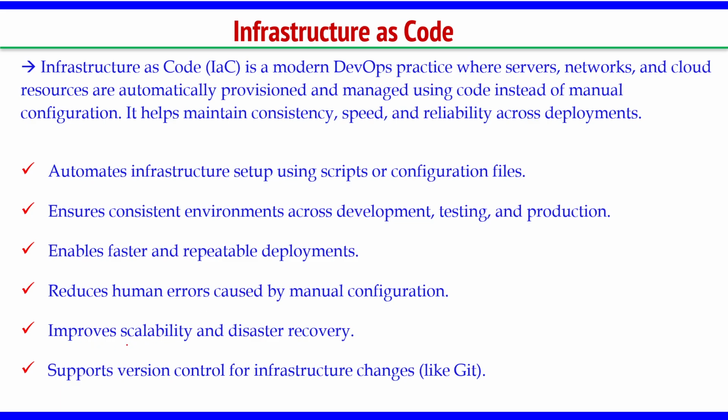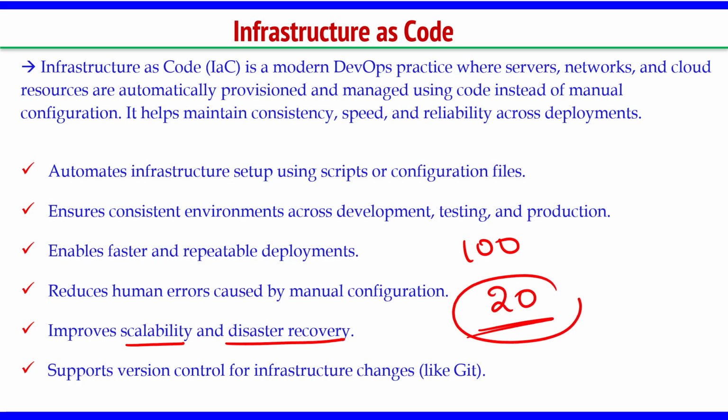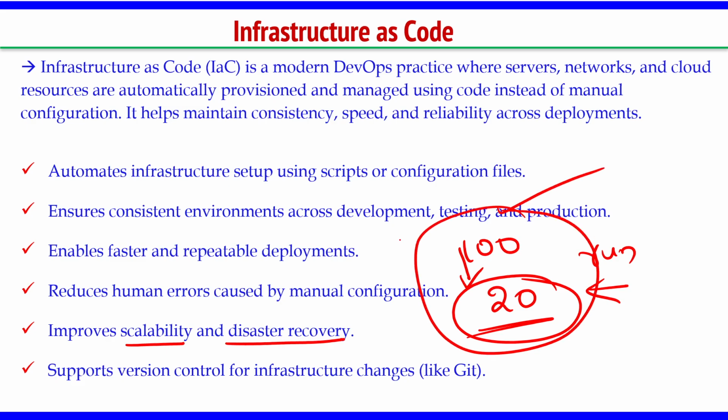IaC also improves scalability and disaster recovery. How does it improve scalability? Let's say I have 100 systems for some task and the load is increasing, so I have to include 20 more systems. Setting up these 20 more systems is very quick. Just run that script on these 20 new machines, club them with the 100, make it a group, and I can scale it.